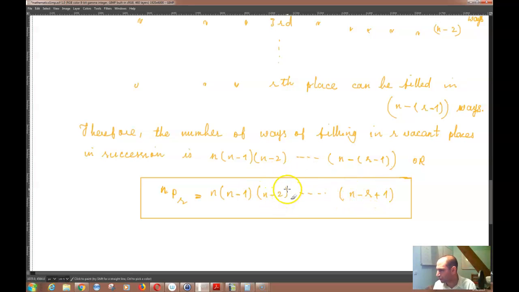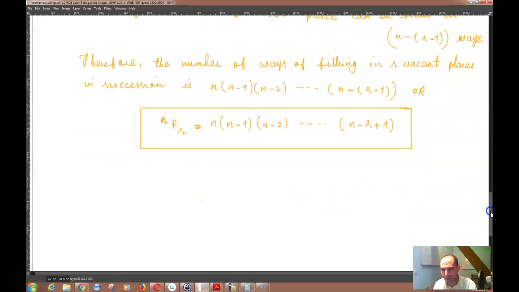And so we can use the factorial notation, the symbol n factorial, to simplify the formula above.